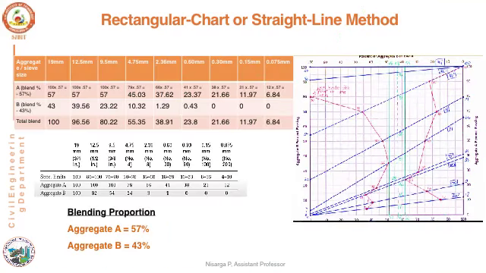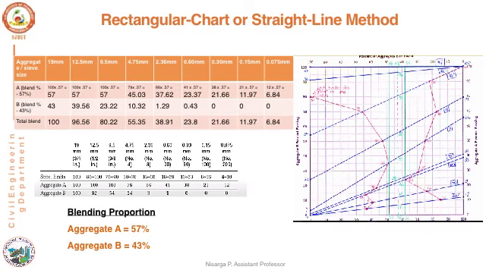So now that can be checked here in this table. At the midpoint between these lines, the proportion of aggregate A is 57% and aggregate B is 43%. Now, if you remember the trial and error method, to obtain the percentage in the blend, the percentage passing of all these materials has to be multiplied with these two proportions.